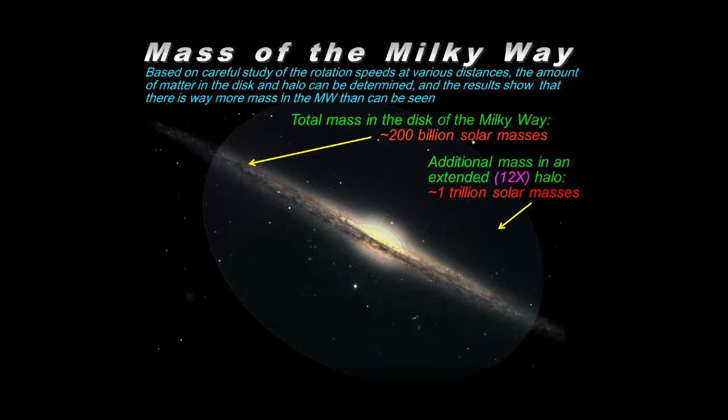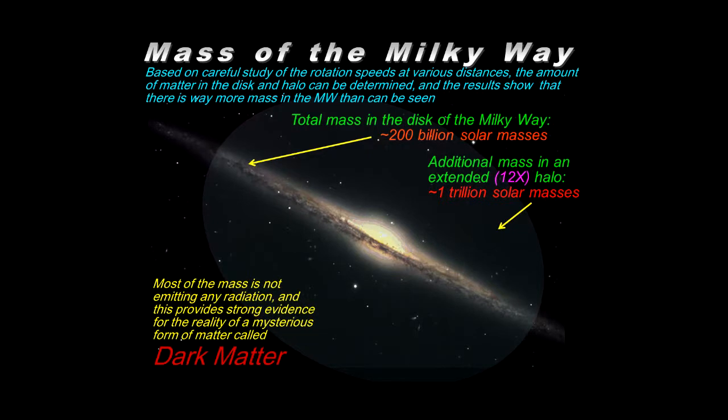And just to clarify, the size of this extended halo is much larger than the halo I put on here, about 12 times the extent of the galaxy itself. So a smaller halo has the globular clusters and other stars in that component, but the extended halo of the Milky Way galaxy is about 1 trillion solar masses.